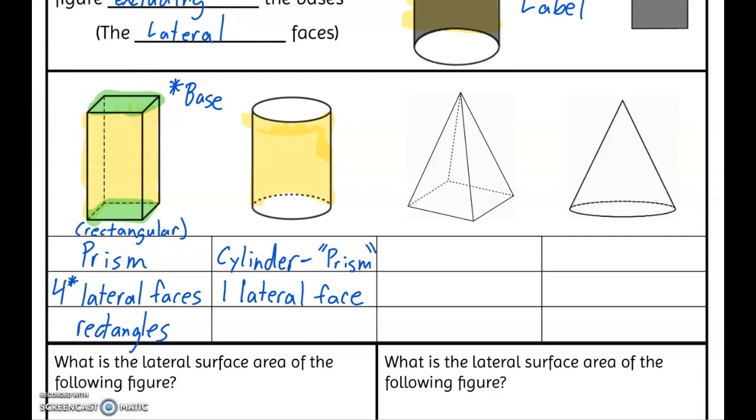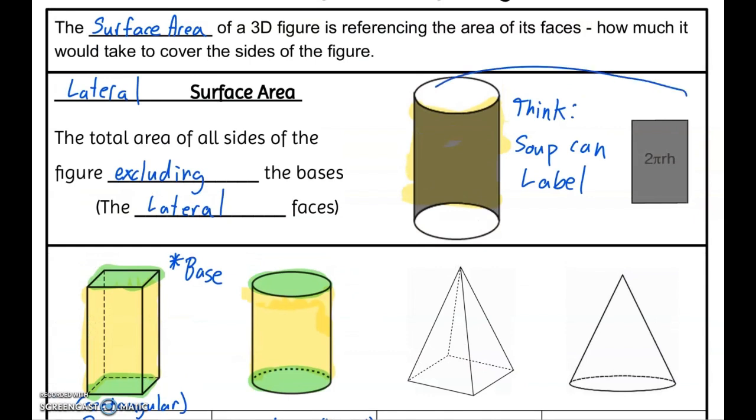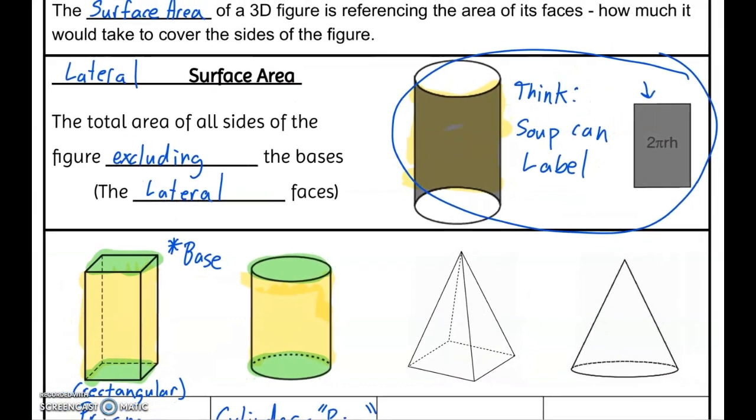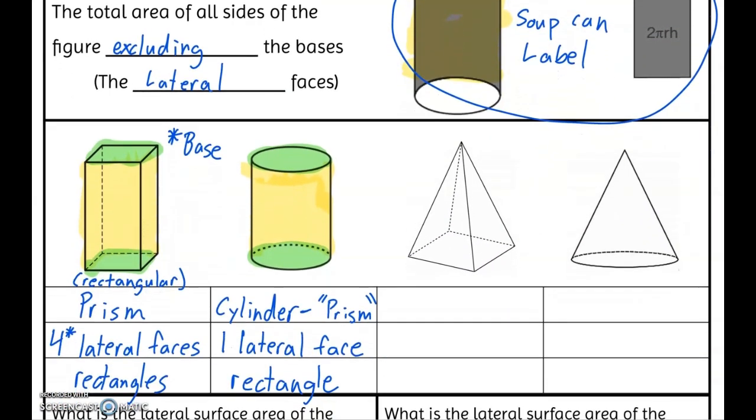The bases of this cylinder are both circles. So it's these parts right here. So the one lateral face that I have here is a rectangle. You can kind of see with this shape right here, this is my lateral surface area. Since that is my lateral surface area, that's where my soup can label would go. And that's why we only have one lateral face, which is a rectangle, on a cylinder.